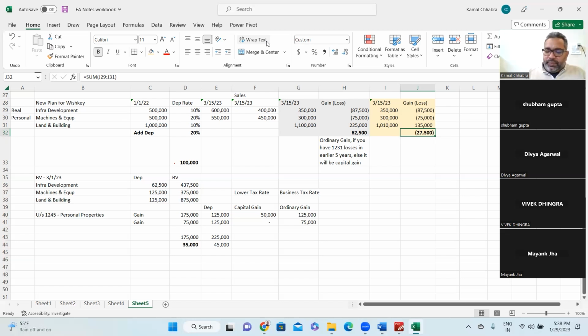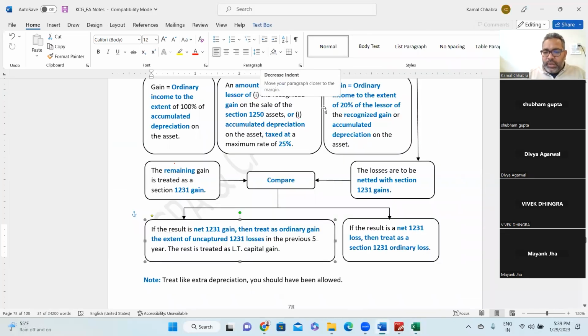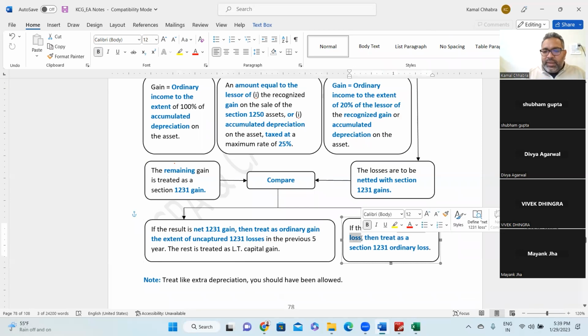In the second example, we have a loss on the first asset, a loss on the second asset also, a gain on the third asset, but the overall position is a loss. Overall we have a 1231 net loss. Then how do you need to treat it? If the result is a net 1231 loss, then treat it as a section 1231 ordinary loss. So you treat this as an ordinary loss, and you can reduce this amount from your ordinary income.